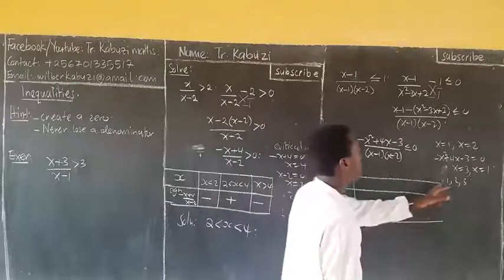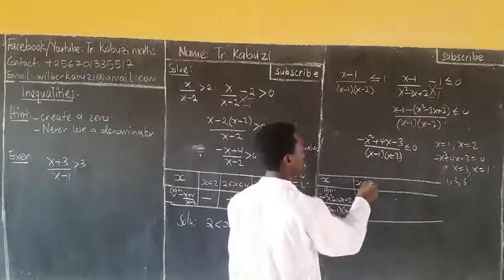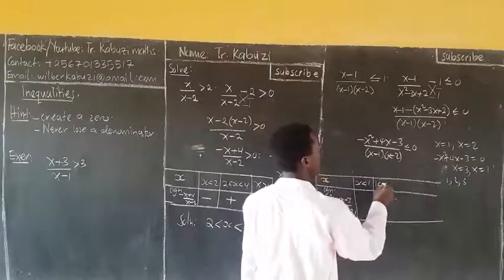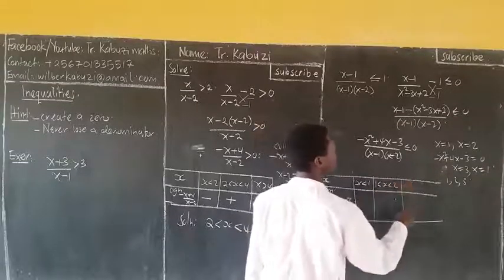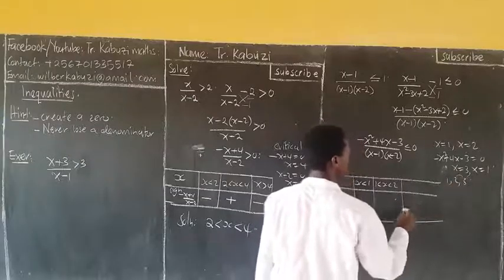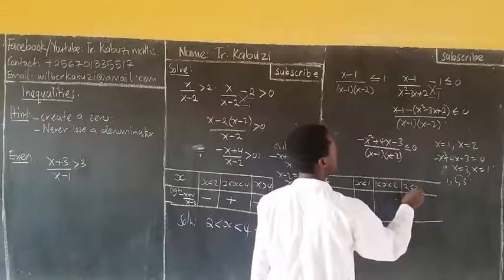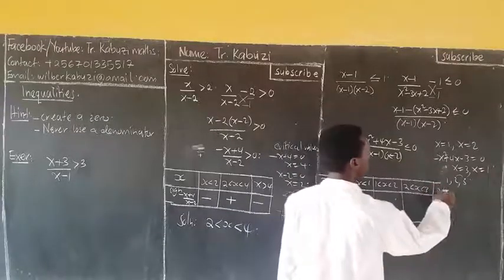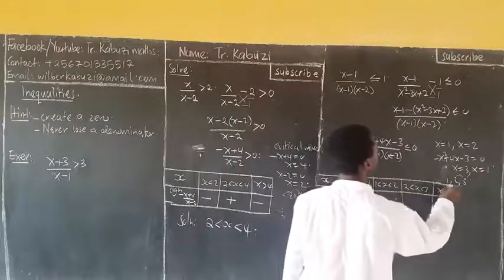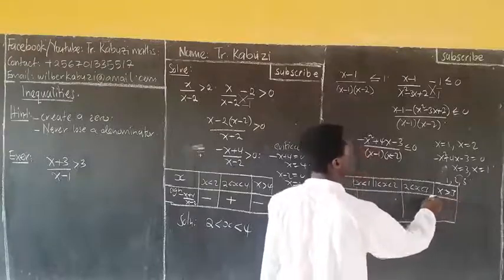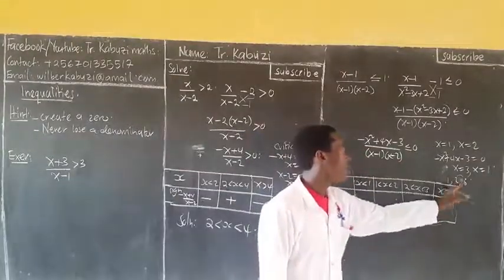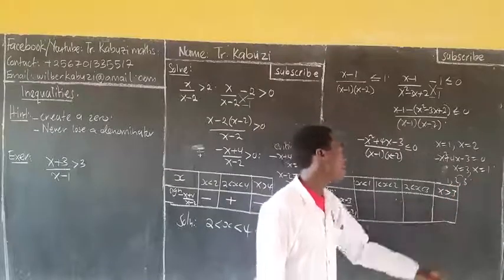Then I analyze below 1, between 1 and 2, between 2 and 3, then above 3. So that's how we draw those tables. If you have 3 critical values, you have 4 columns.